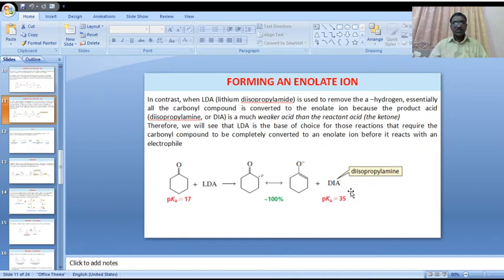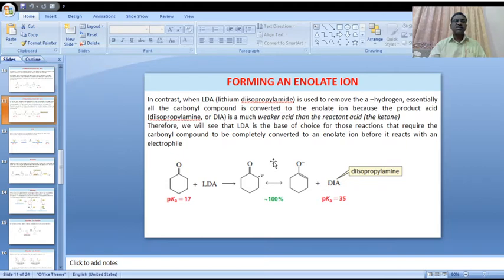Here, the carbonyl compound cyclohexanone we are using as a starting compound, on reaction with LDA, lithium diisopropyl amide. Lithium diisopropyl amide is used to remove the alpha hydrogen.